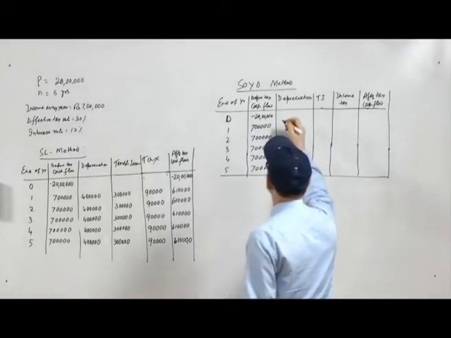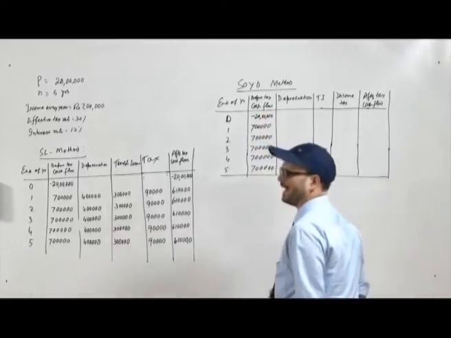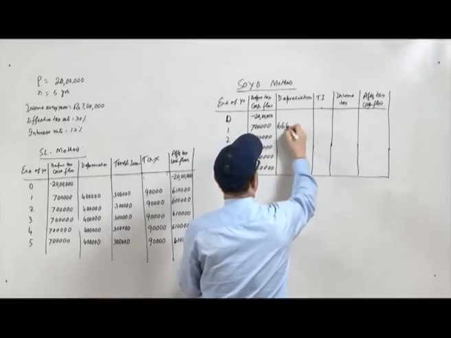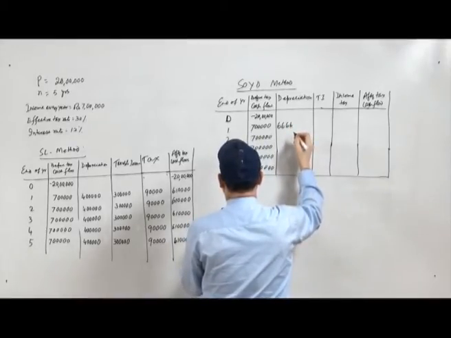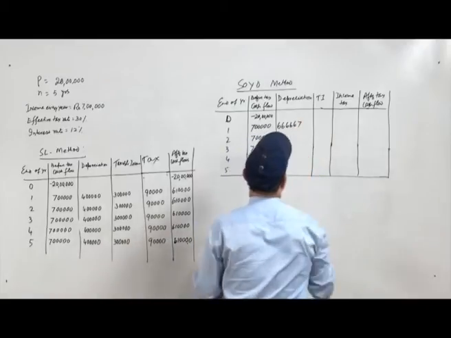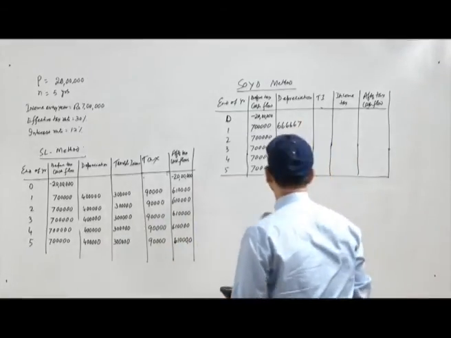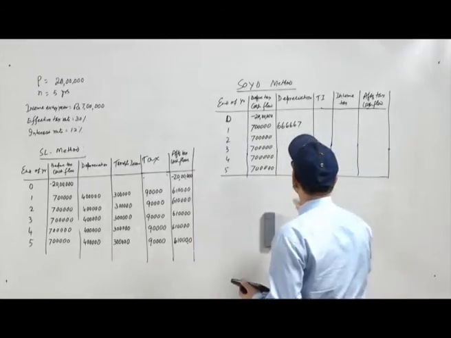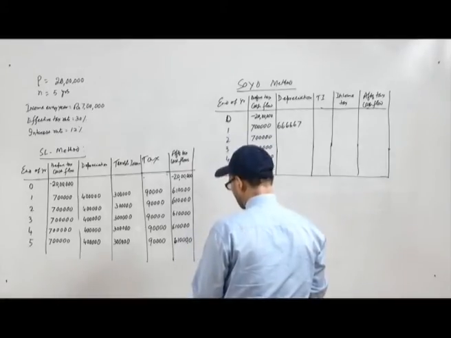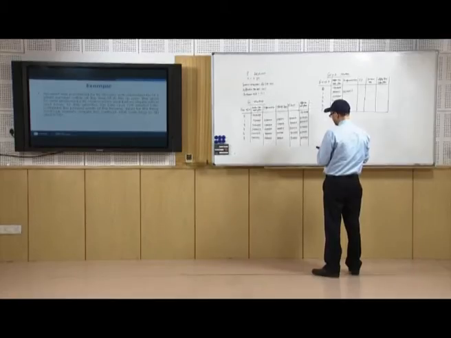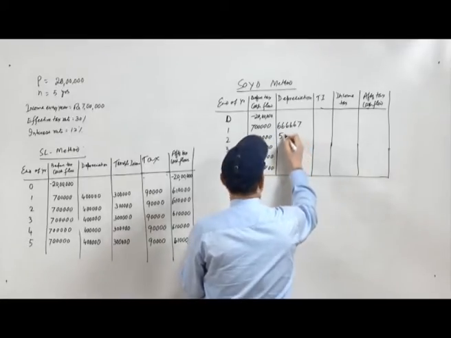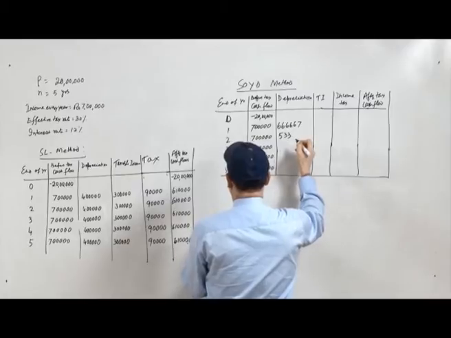So 5 by 15 into 20 lakhs is 6,66,667. Next it will be 4 by 15 into 20 lakhs, so 80 lakhs divided by 15, which is 5,33,333.